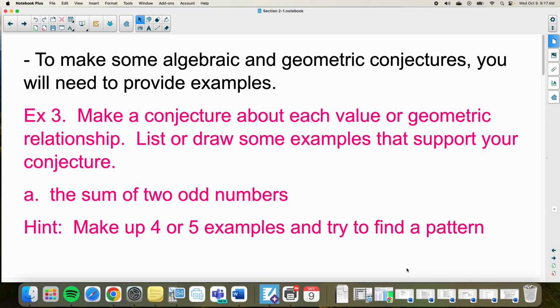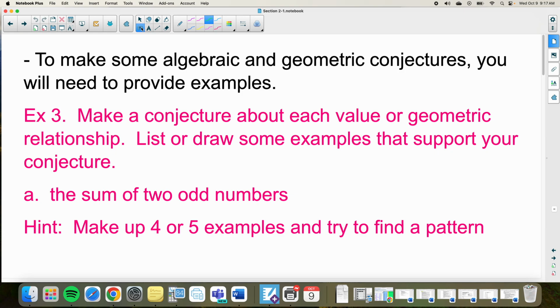All right, so today what we're gonna do is a little bit different than yesterday. They're gonna give us a scenario, and in this situation, they say the sum of two odd numbers.